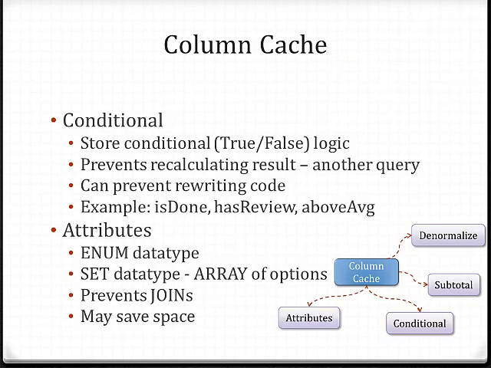So denormalizing is more common. Subtotal is not very common, but denormalizing is somewhat common. You can have a conditional column, and I've seen this before. When you have something like status columns, is done, is good, where you basically store a true or false logic. Your application has the logic, but the result of it is stored in a column. Let's say is done.